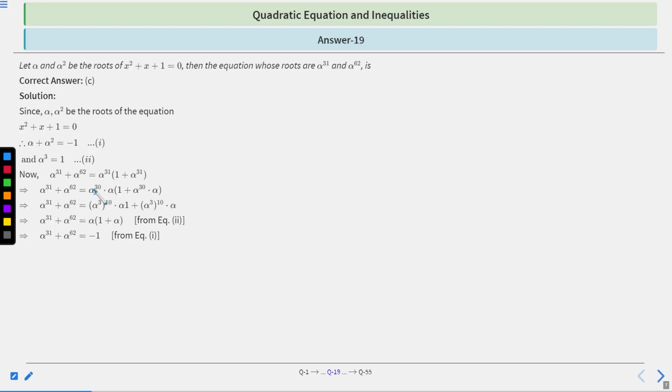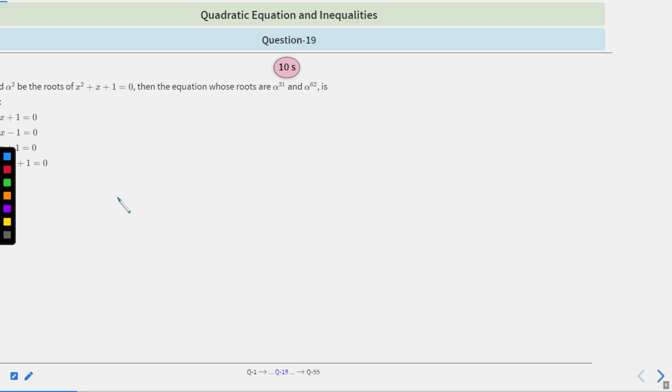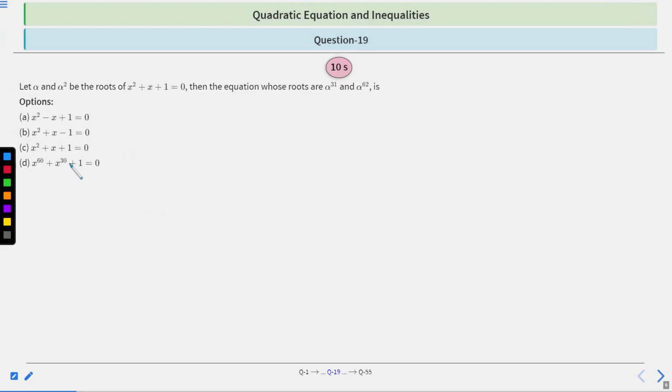From here we can say that it is alpha times 1 plus alpha. So from equation 1, alpha to the power 31 plus alpha to the power 62 is basically minus 1. We know that alpha plus alpha square is minus 1, right? So I think option C is the right choice.